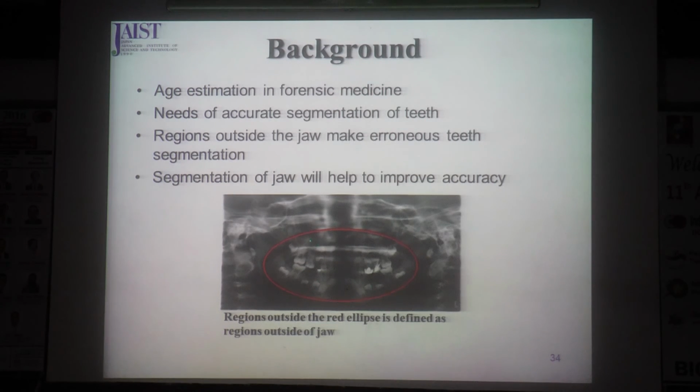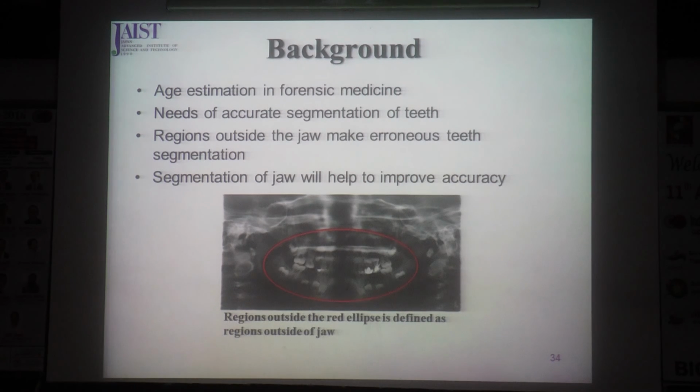So what we want to do first is to detect this oval area that includes the teeth. Because if we try to detect teeth from this original image without segmentation, the accuracy of detecting teeth will be worse, because the surrounding area of bone will be detected as a failure.